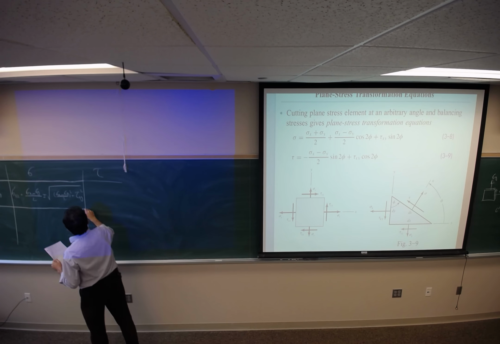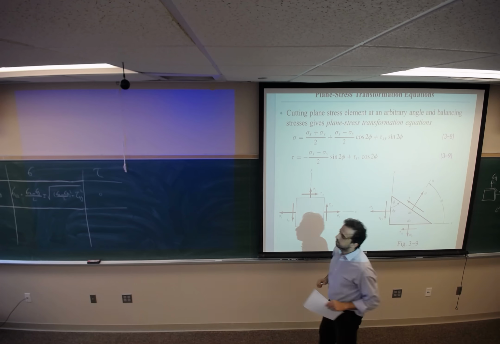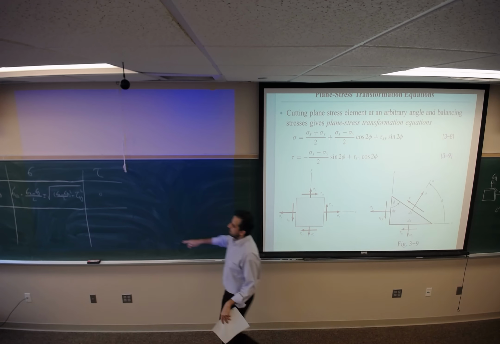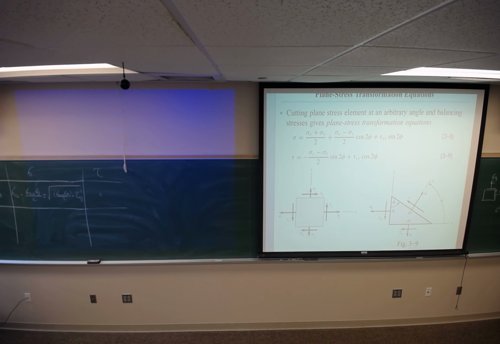And the shear stress in the principal normal stress direction is always 0. So we don't have any shear stress if we are at the principal direction plane. We can also find the extreme value for shear.